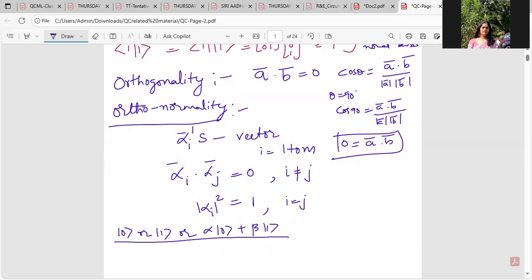Without that, I cannot write anything in quantum. So they form the basis. Hence, since they form the basis, and the inner product between them satisfies the criteria, we can say that they form an orthonormal basis.